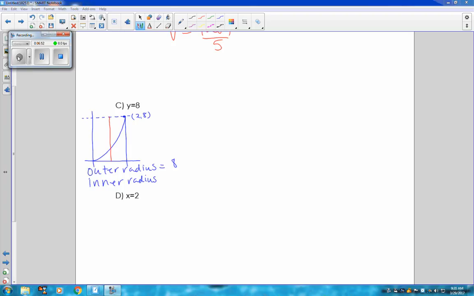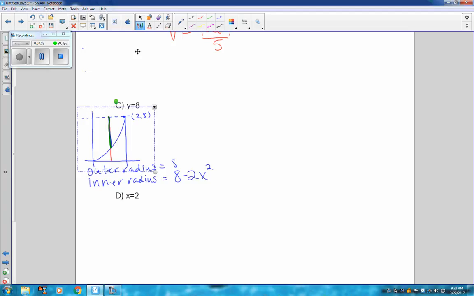This is your inner radius, this part. You see that? That's the inner radius. So how am I going to get this right here? Yes, you're going to have to subtract. I don't want that, that's the 2x squared. I need to subtract that from 8. So your inner radius is 8 minus 2x squared. Got it.